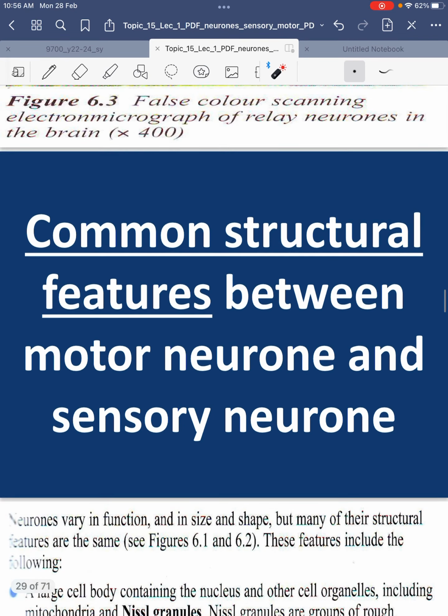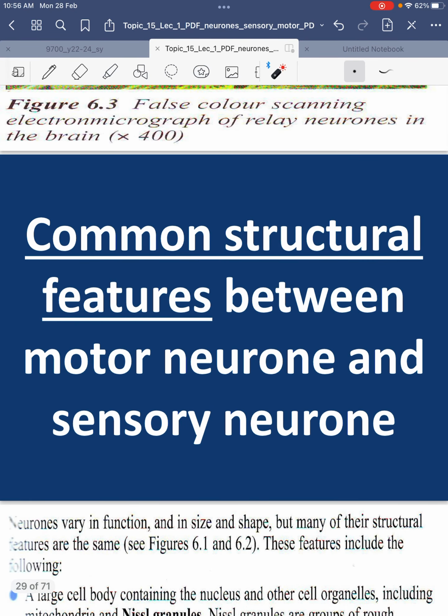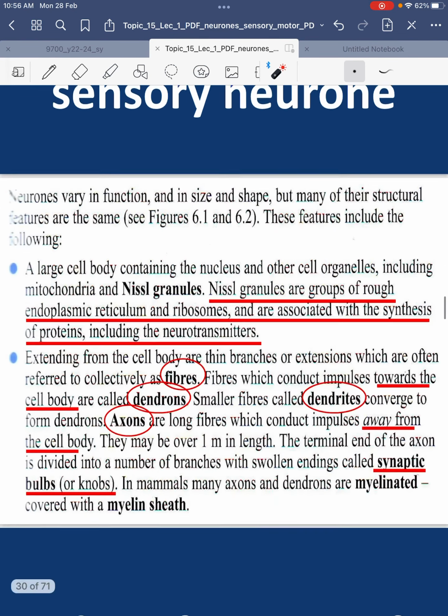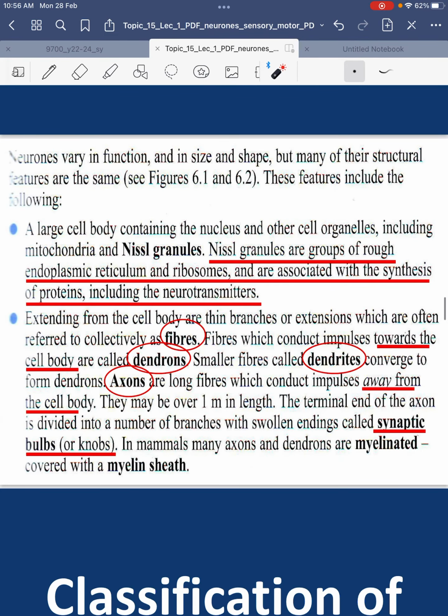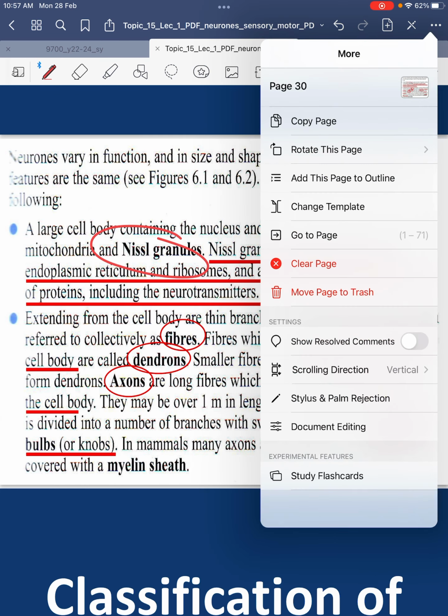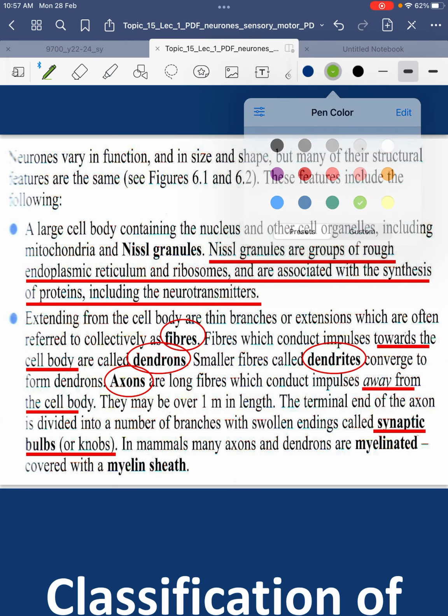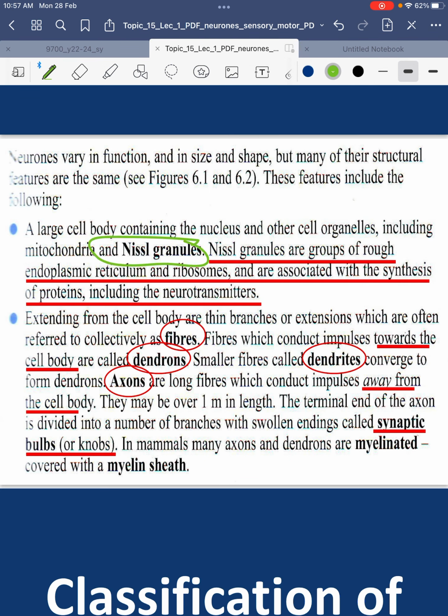Common structural features. They have a lot in common. What are the common structural features? They've got a large cell body. Inside the cell body they have Nissl granules. This is another new term, but actually Nissl granules are basically rough ER and ribosomes.